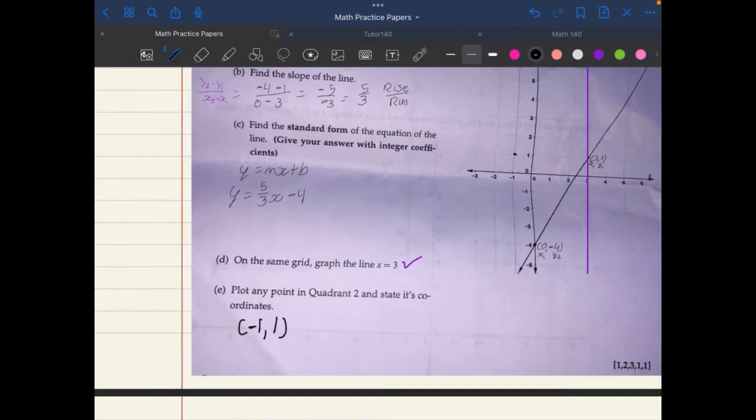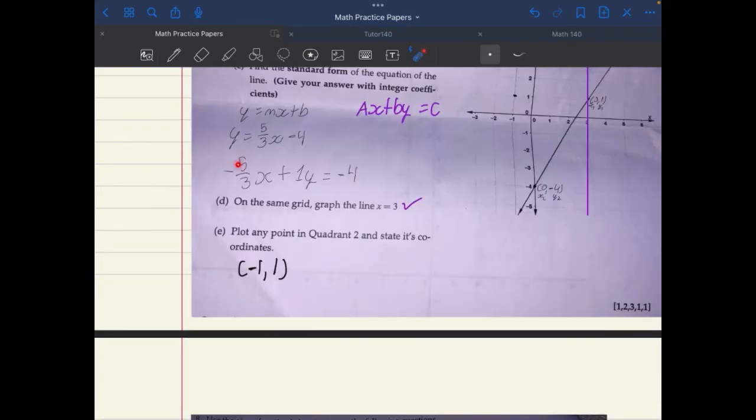Okay, so the standard form of the equation of a line is ax plus by is equal to c. To put this in this form, you move x over and say negative 5 over 3x plus 1y is equal to negative 4. It's a standard form equation, but they want the answer with integer coefficients. So this is a fraction.